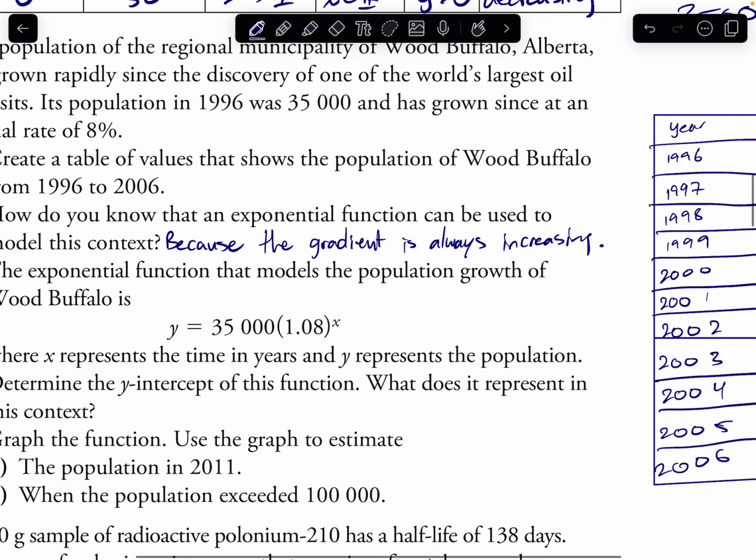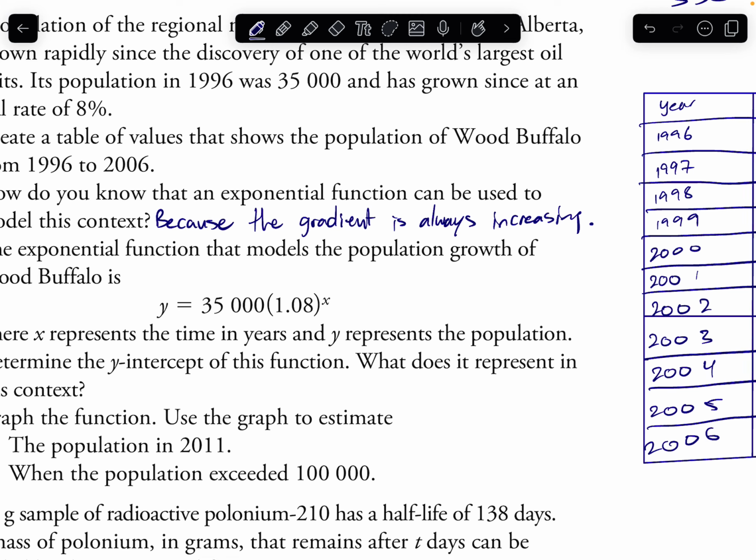That's the best way I would summarize it. I don't know exactly what the answer says. Actually, at a constant rate. So basically all I'm saying is if you draw it, the gradient's always getting steeper, right?